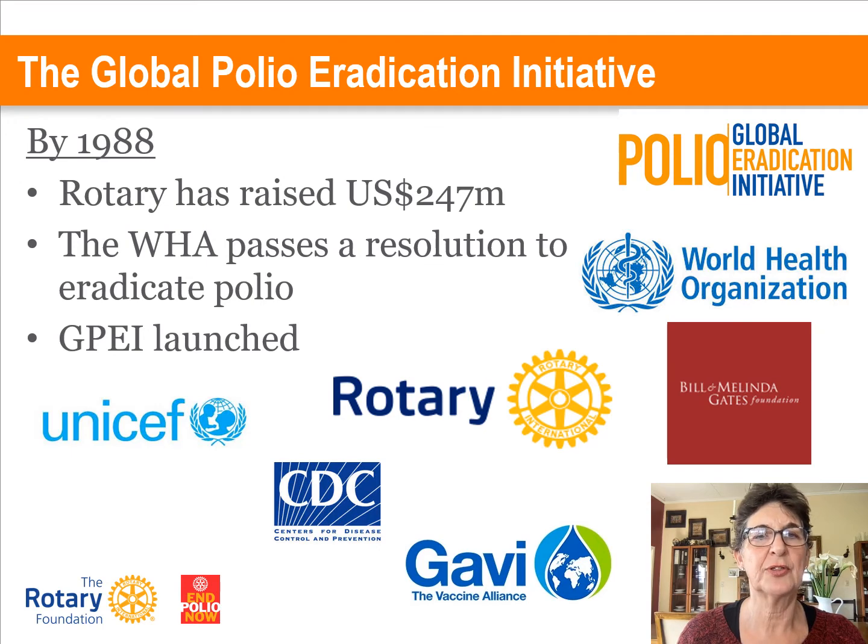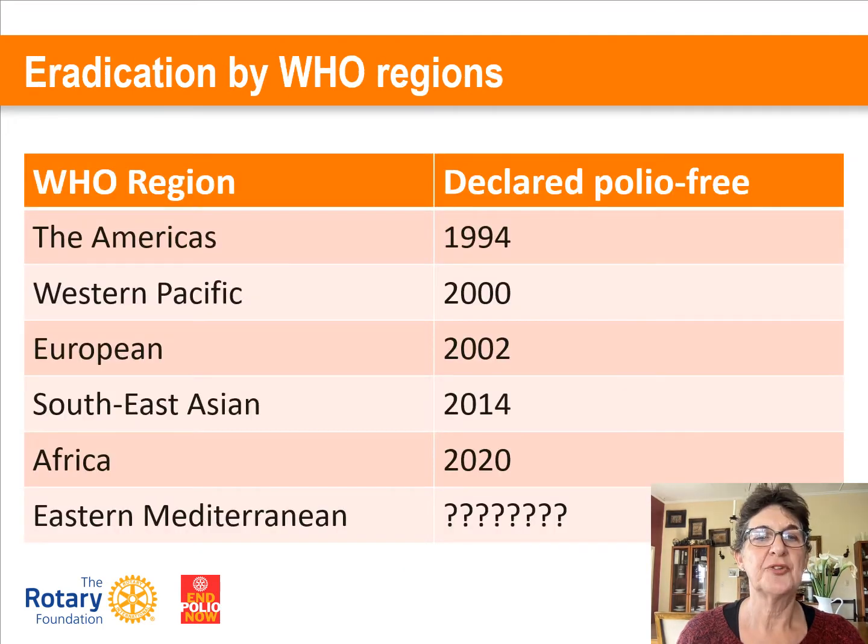So let's have a look at the progress that we've made. Looking at eradication by World Health Organization regions, you can see that the Americas eradicated polio in 1994 and Africa most recently in 2020. The Eastern Mediterranean contains Pakistan and Afghanistan, and we have no idea when we're going to get on top of polio there.